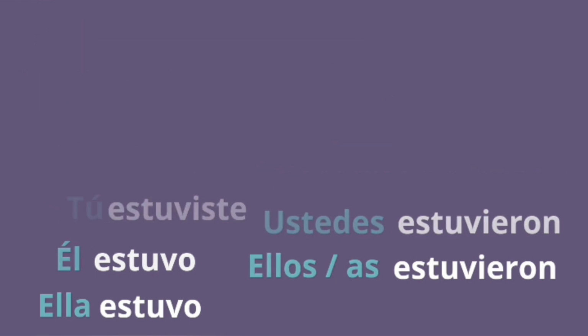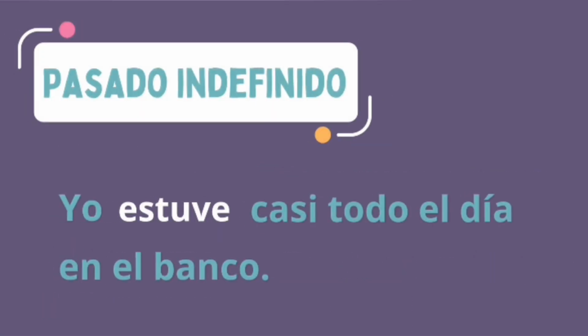And let's see some sentences so you will understand, okay? If you want to say, I was almost all day at the bank. If you want to say this, then you have to use the indefinite past. Yo estuve, this is conjugated in the indefinite past.